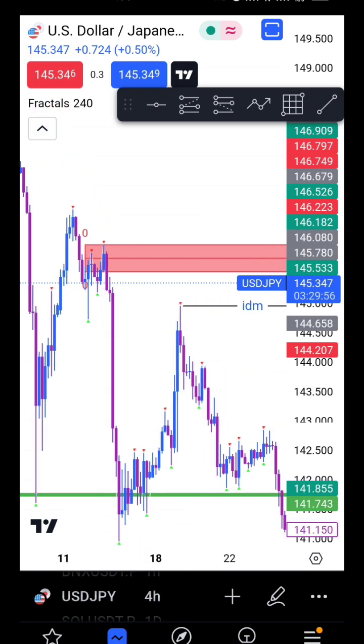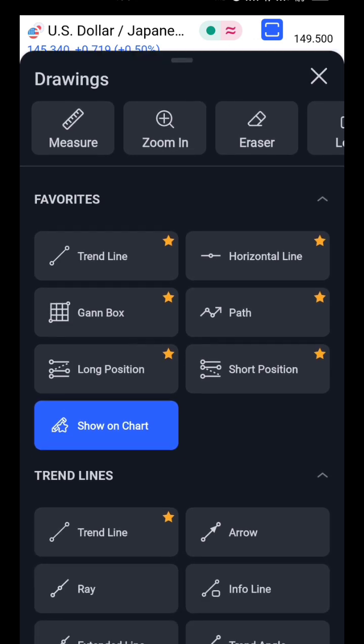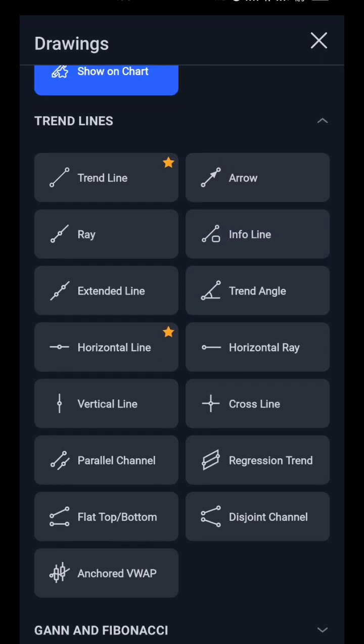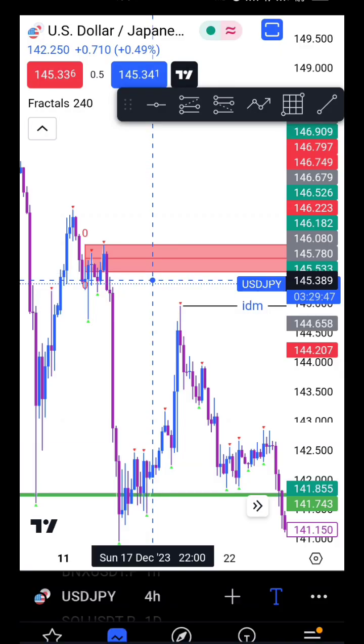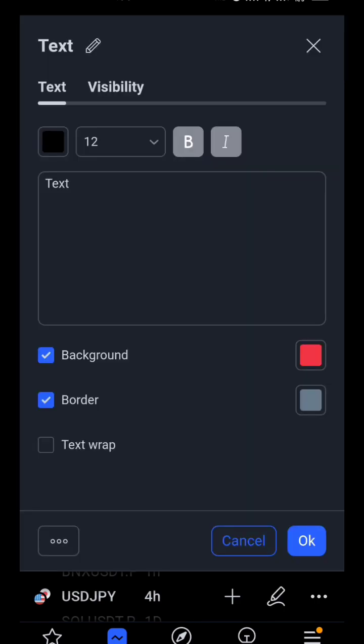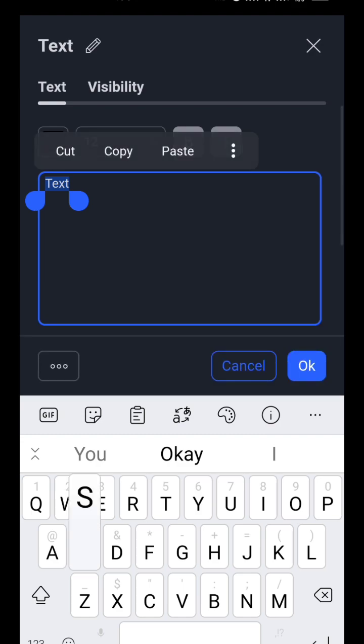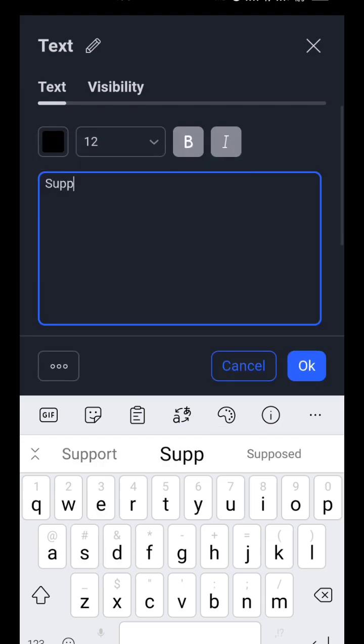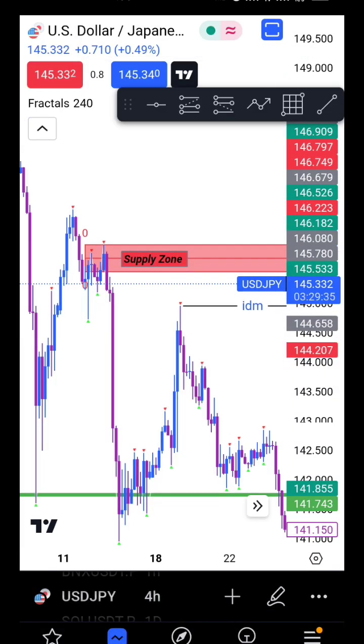And if you look above it, we could see our zone. So we're going to name it the supply zone. So we're good to go.